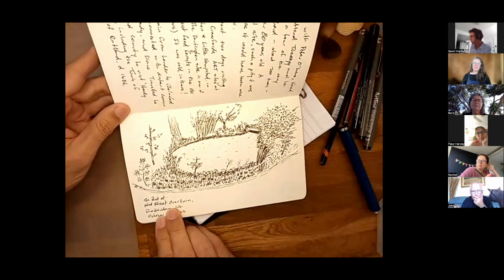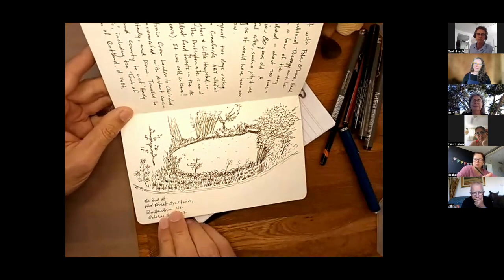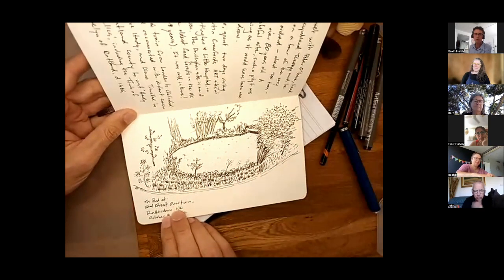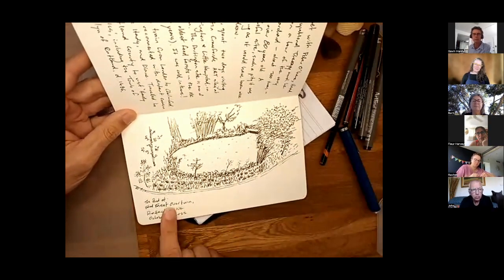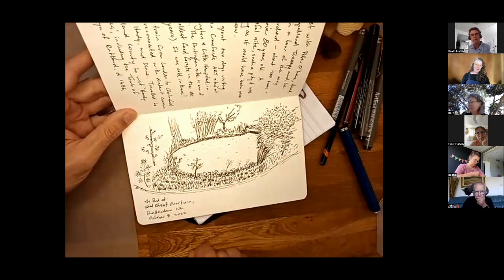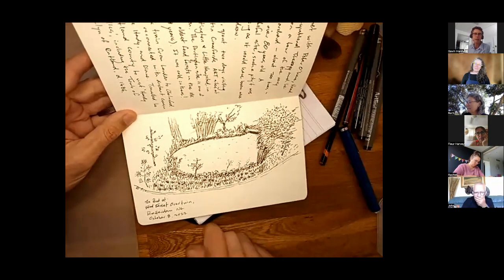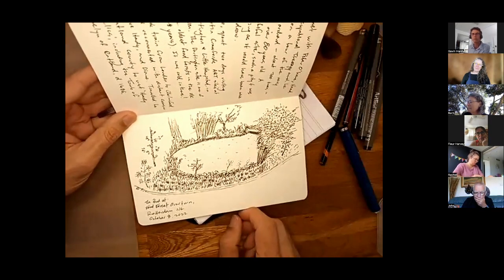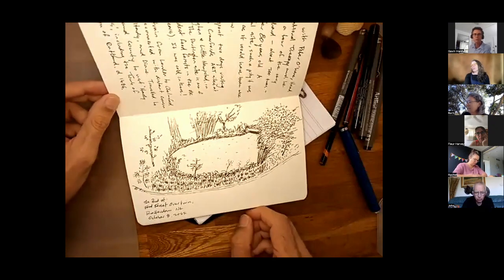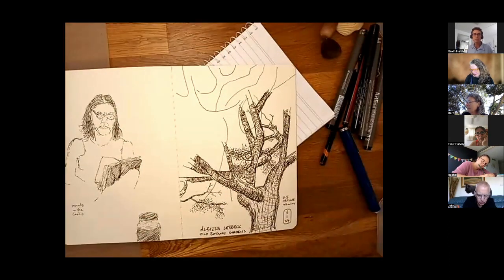And you might be looking at these sketches saying, oh, that's a really great drawing, or it's a really crap drawing. It doesn't really matter. What the drawings are really about for me are not about my artistic ability. They're about my ability to observe, and drawing helps to hone my ability to observe. I'll show you some other sketches. These are more recent ones.